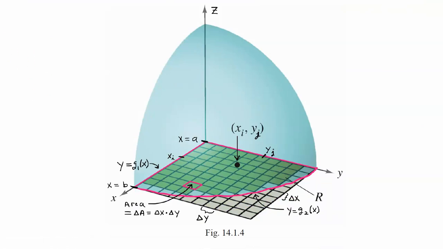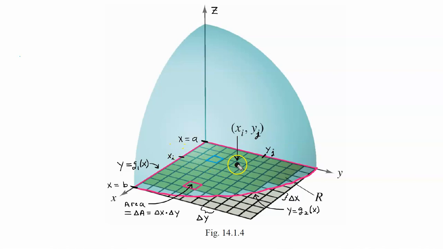Okay, so you see in this graphic, what we've done is we've broken up the x-axis into some number of subintervals, and we've broken up the y-axis into some number of subintervals. And that breaks up the region R in the xy plane into these little rectangles right here.